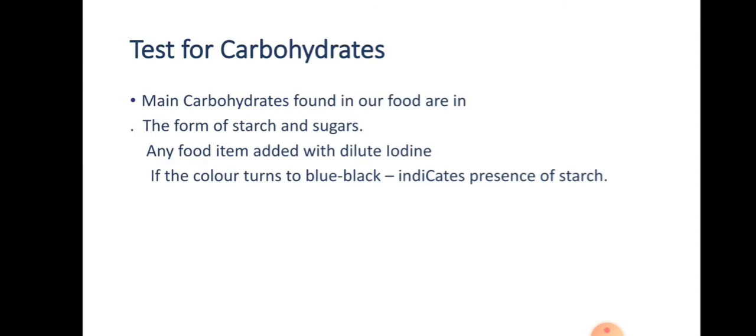For that, first we have to take the test for carbohydrates. There are many types of carbohydrates, but the main carbohydrates found in our food are in the form of starch and sugars.